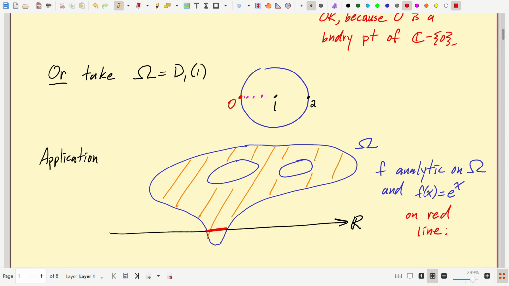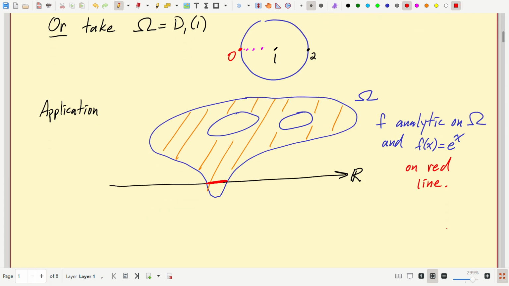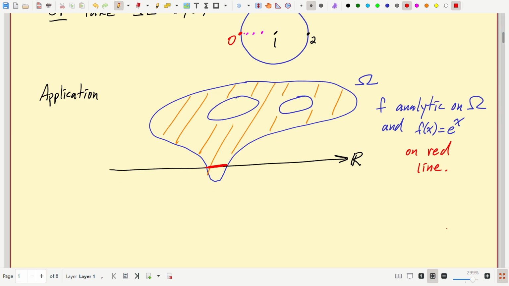Well, that red line has a limit point. In fact, every point in that red line is a limit point of the red line. And so there's a limit point that occurs in omega.